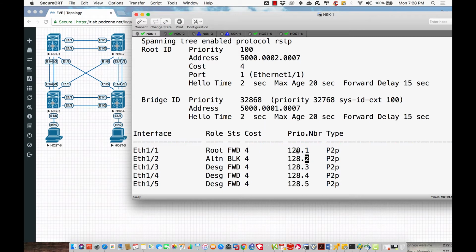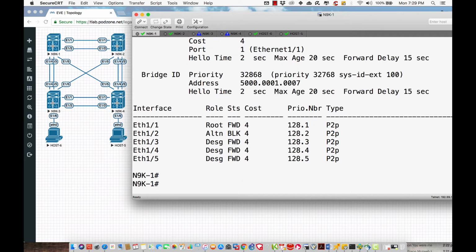But as I said, the port priority is going to allow me to pick who I want to be in charge as far as who is going to be elected as the root port. However, this is an indirect manipulation. So if I come over here and make a change on 9K1, what we're going to find is that this is not going to change the election.